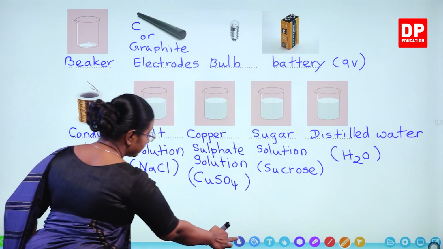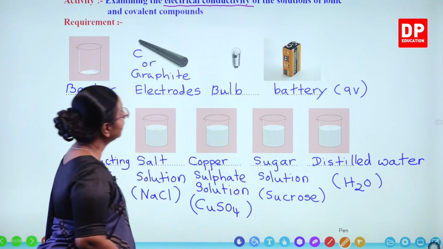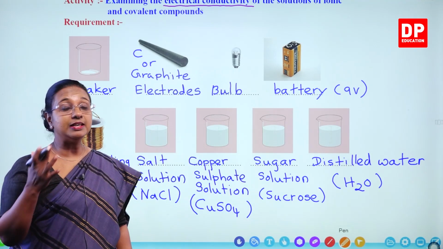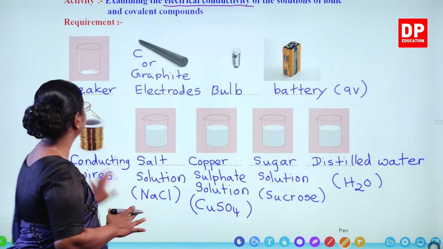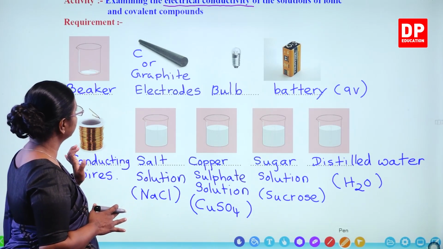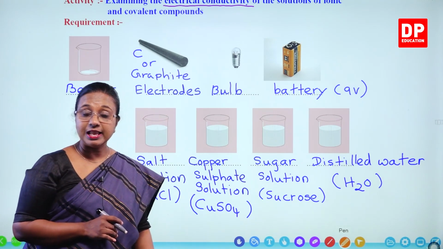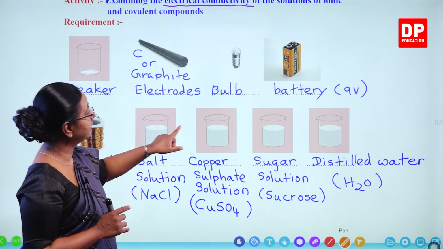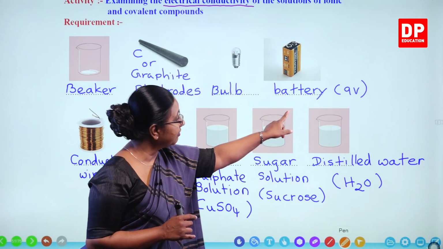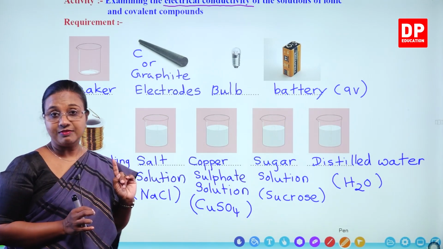So using these materials, we have to try and demonstrate whether they conduct electricity or not. So to do that, what we do is we take the solution into a beaker. Into that we need to insert 2 electrodes. Before that, the electrodes have to be connected with a bulb and a battery in a complete circuit using the conducting wires.